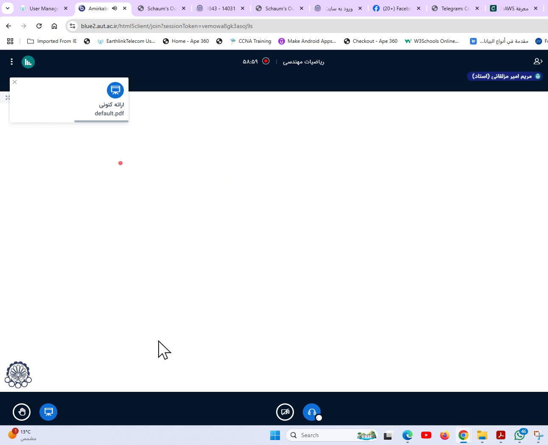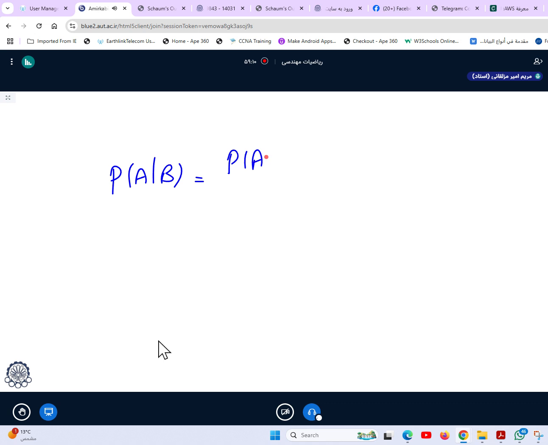Okay, so we review the conditional probability. We said that probability of an event A given B is equal to probability of intersection of them divided by probability of conditions, means B. Then we introduce the chain rule. We discuss about chain rule.